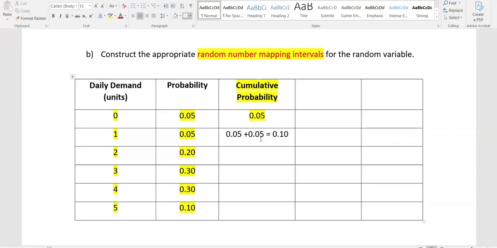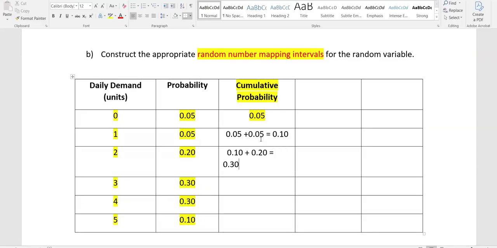Got it? Then I bring forward that 0.10 and add the probability that I'm in line with, which is 0.20, and I will get 0.30. Tell me if you get it.